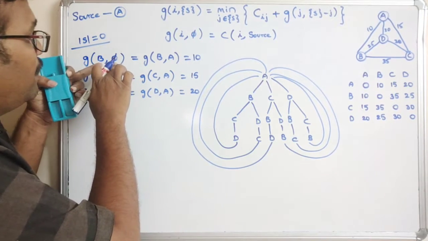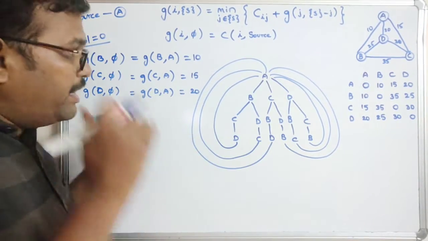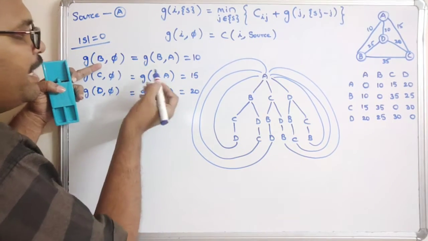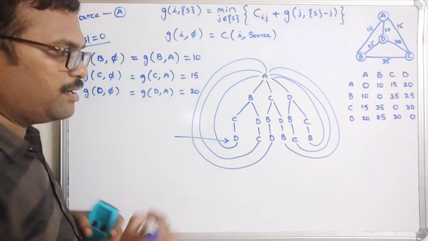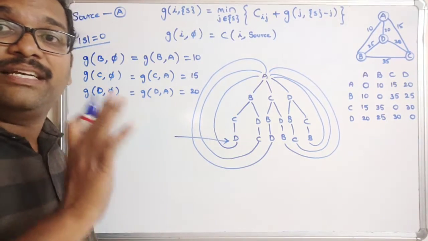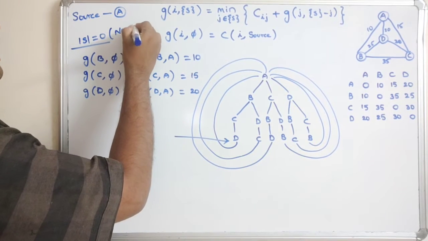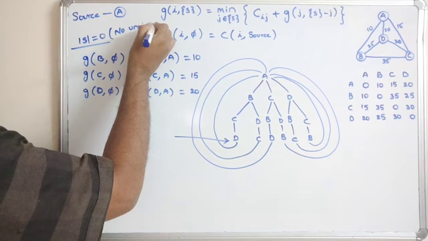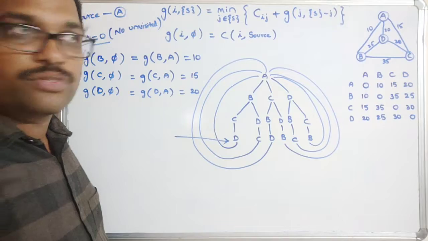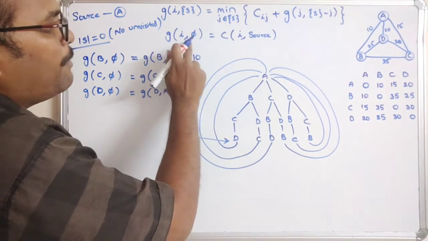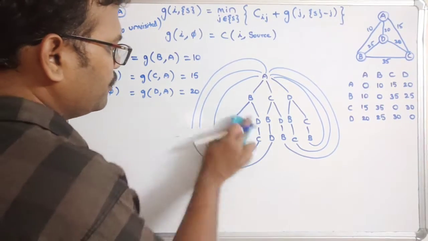If B with a null set, that means no other vertices are remaining to visit, then obviously the next move will be from B to A. At this position, if set is 0, there are no unvisited vertices, so obviously the edge should be towards the source. That's why we have written this formula, i comma pi, then i comma source, right? Hope you understood this one.